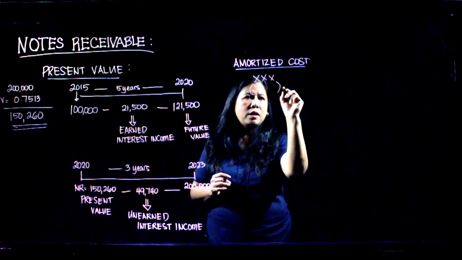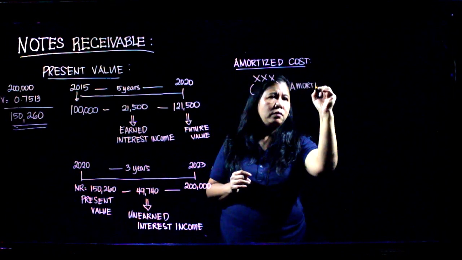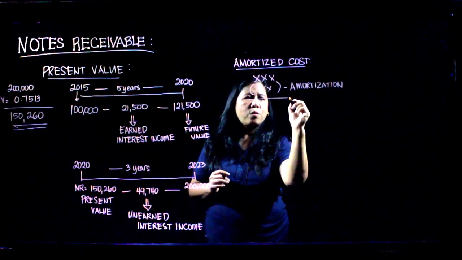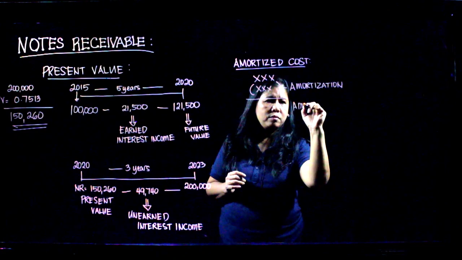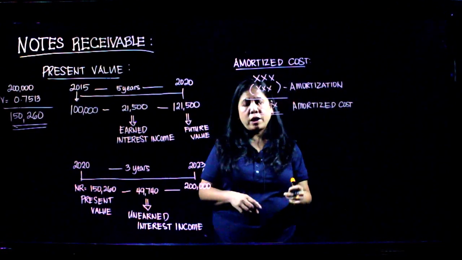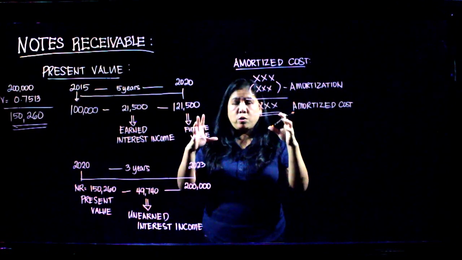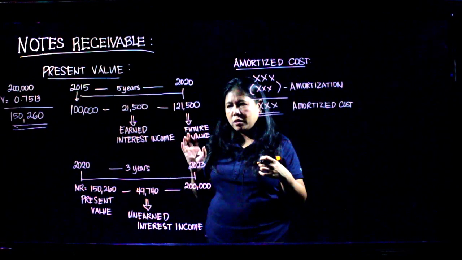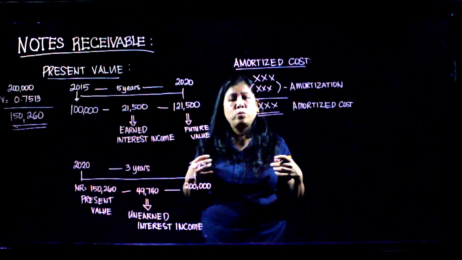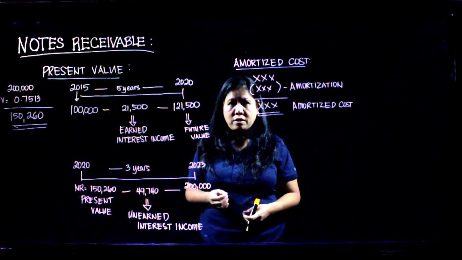We minus an amortization amount here. Our balance is called amortized cost. We will discuss this more when we get into the non-interest-bearing note, because on non-interest-bearing notes, we amortize the unearned interest income.